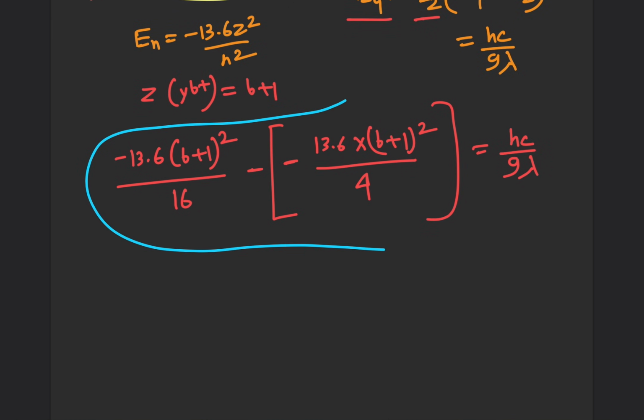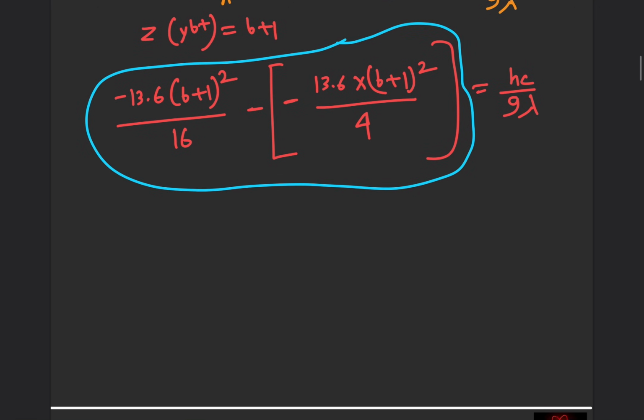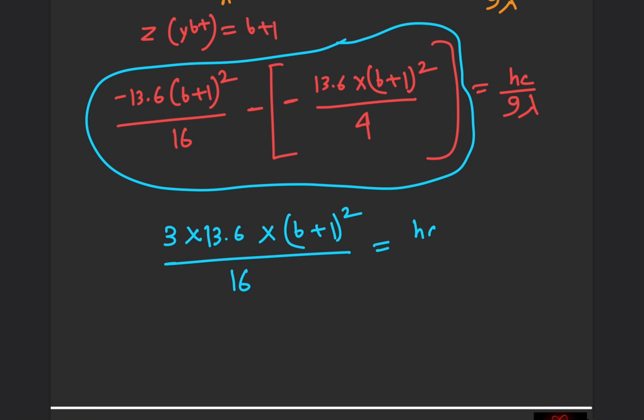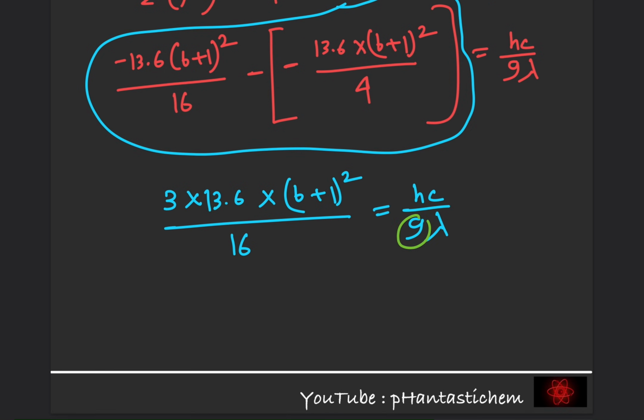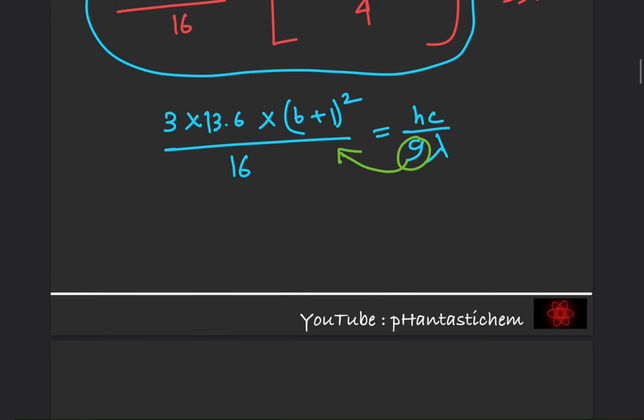When I solve this, I get 3 into 13.6 into B plus 1 whole square divided by 16 is equal to hc by 9 lambda. So I will move this 9 to the left-hand side. I will get 9 into 3 into 13.6 into B plus 1 whole square divided by 16 is equal to hc by lambda.